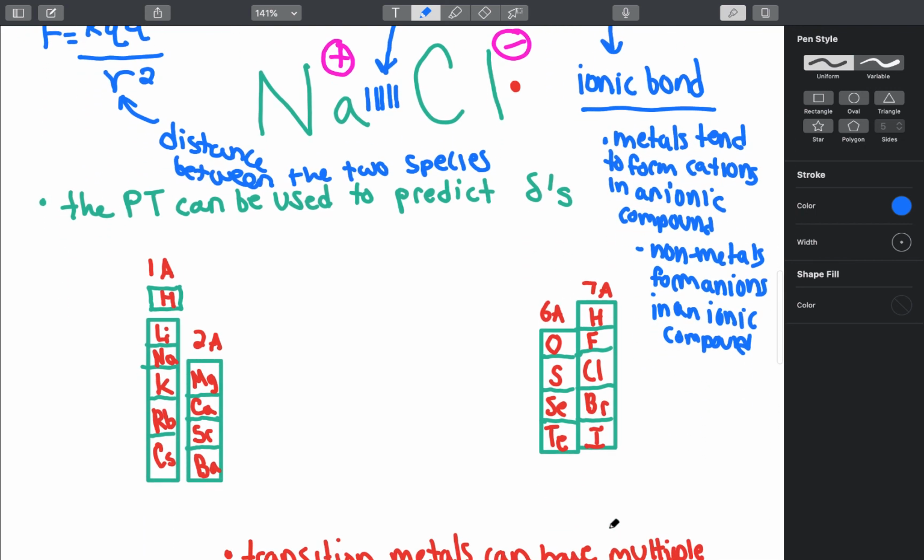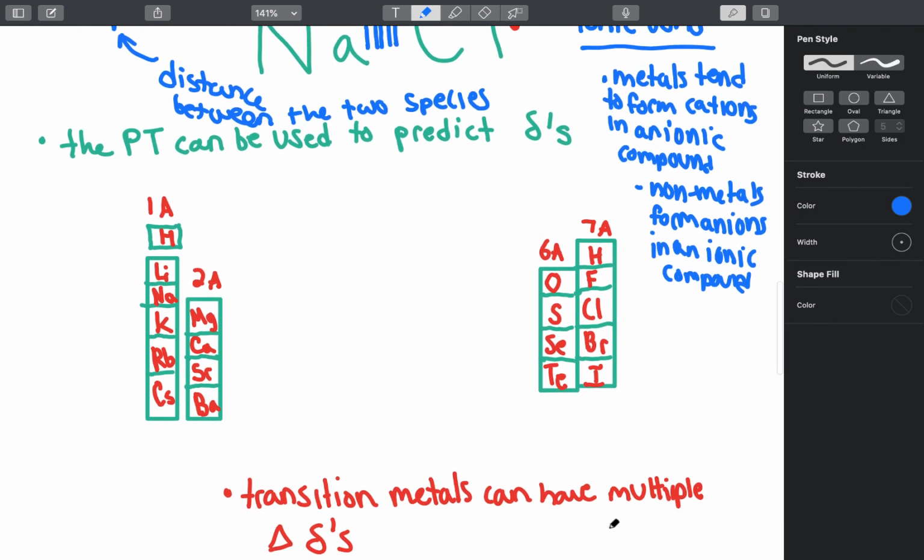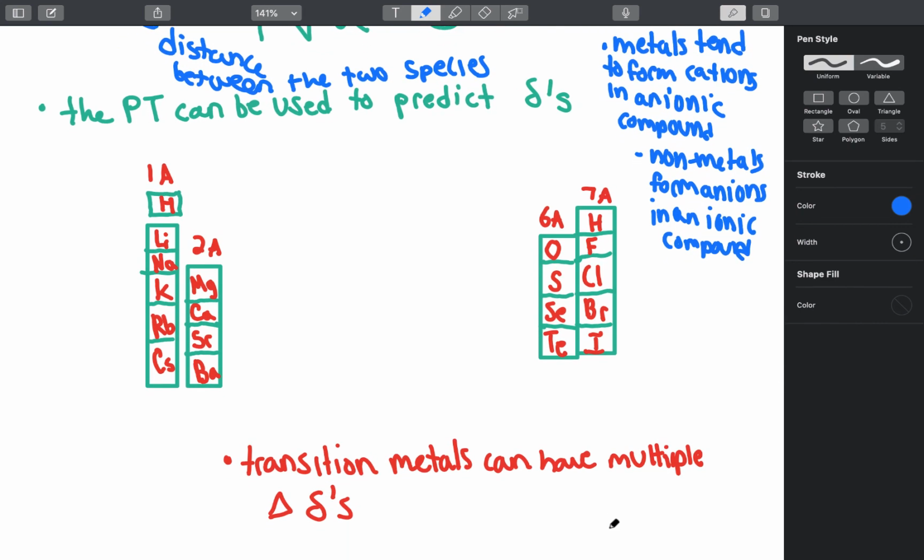So you can actually use the periodic table to predict the charge on a species. So recall that these group 1A atoms here, so we're talking about lithium on down, are referred to as the alkali metals. And these group 1A species can all form +1 charges.